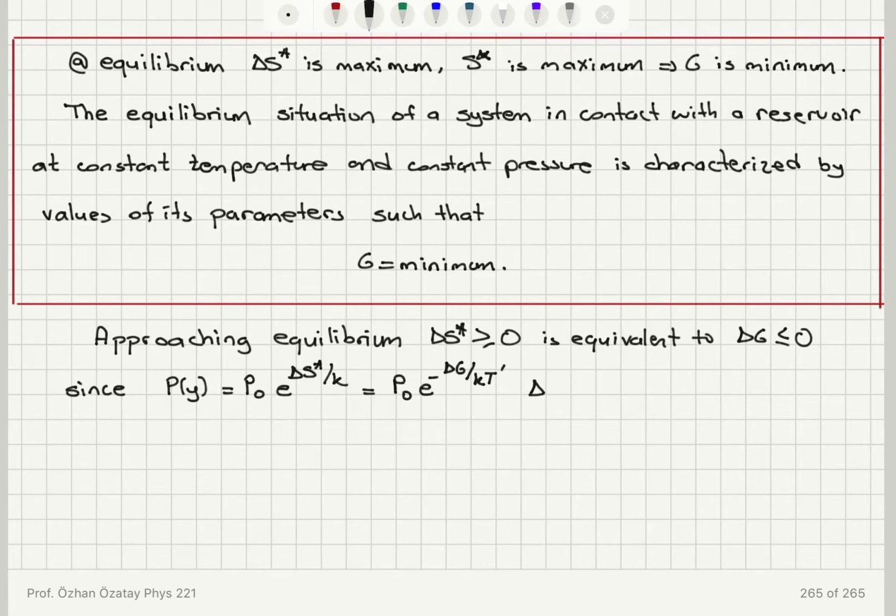And the change in the Gibbs free energy is the Gibbs free energy at a value of y minus the Gibbs free energy at a value of y0.